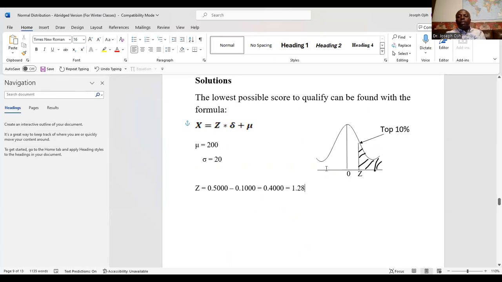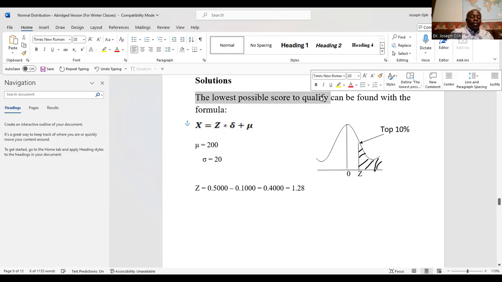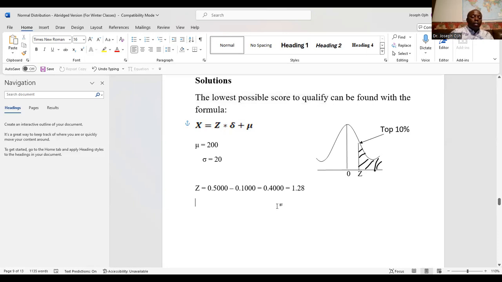Now with this, you can calculate the lowest possible score to qualify. The lowest possible score to qualify is given by the formula x equals z times standard deviation plus the mean. I'm gonna copy this and paste the formula here.